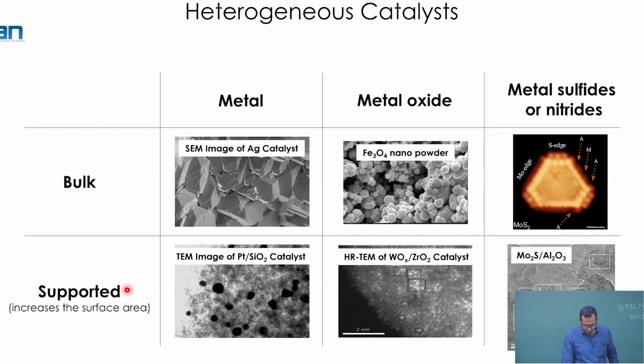And on top of that, here I am showing an example of supported metal oxide catalysts, and this is not any model catalyst. More than 50% of industrial catalysts come under the metal oxide category. As you can see, these catalysts have many different types of sites.